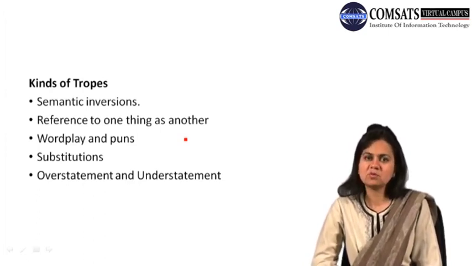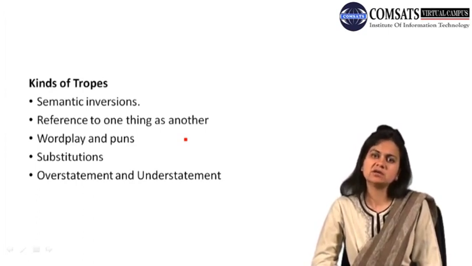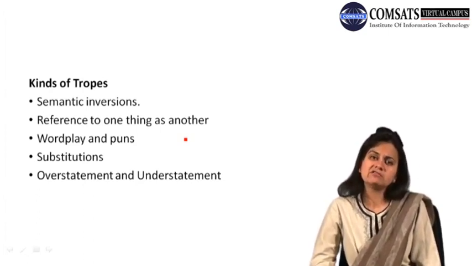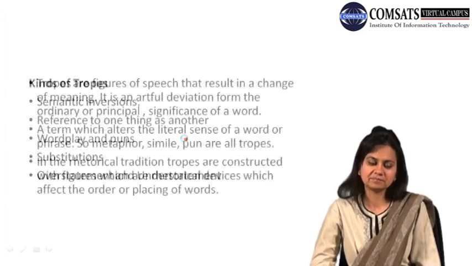So all the tropes operate at the level of meaning because they change the meaning. The literal meaning is different and the metaphoric or symbolic meaning is different. It can also be that the referential, the connotational, or the social meaning may also be different in the case of the kinds of tropes where there is inversion, change, and there is a deviation in terms of the meaning or its understanding.